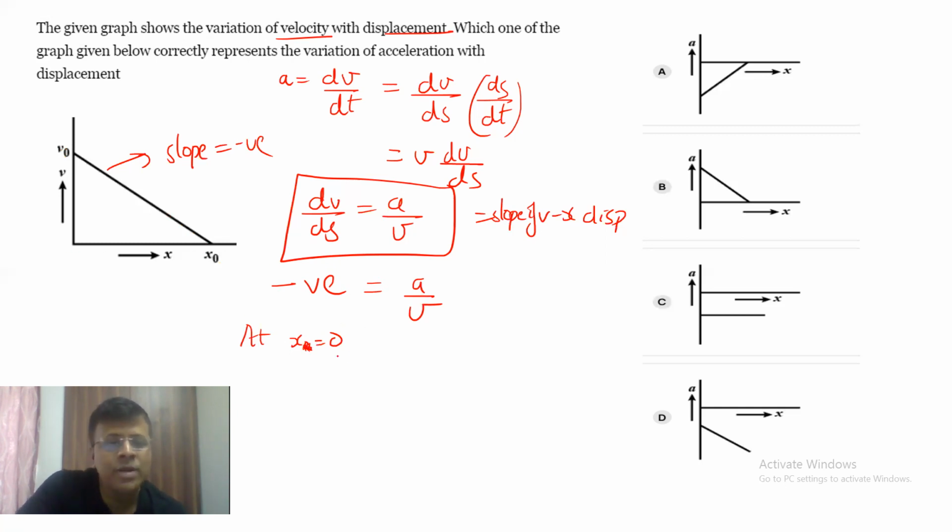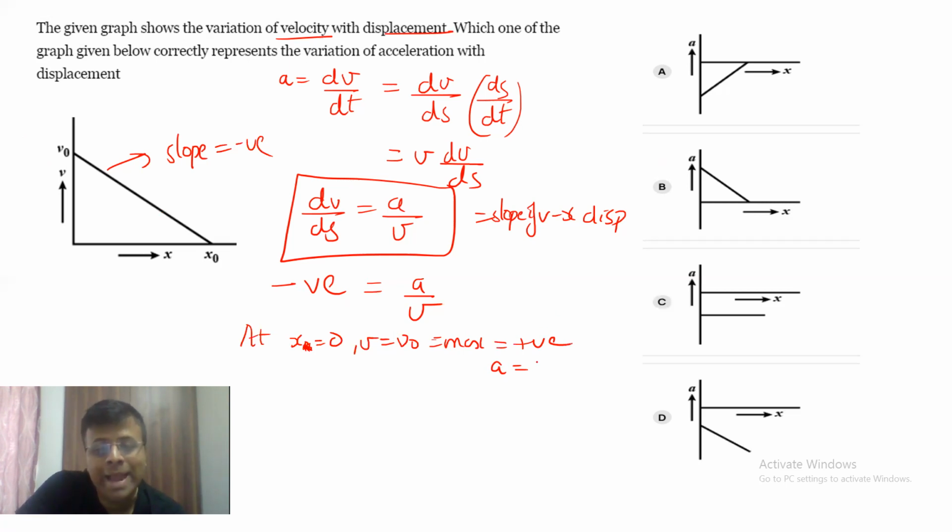So what is the value of the velocity? You can see that value of velocity is v naught. That is the maximum value of the velocity possible. Therefore, acceleration will be maximum in magnitude, and the velocity is positive also. Now, negative into a positive value will be negative. So one thing is sure that acceleration is negative.